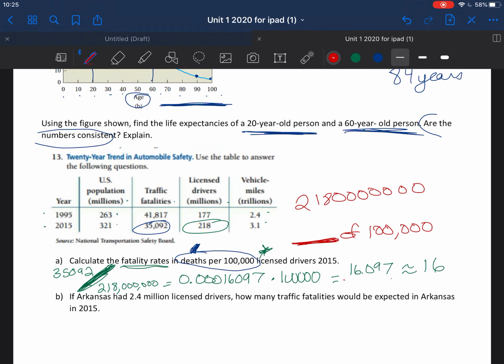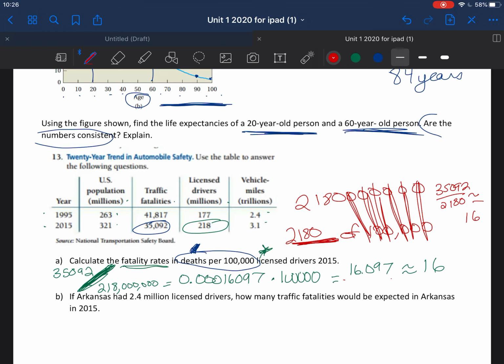So some of you are like, why are you confusing us? But some of you will appreciate this. So 1, 2, 3, and one more. So there's 2180 groups of 100,000 in 218 million. So I could do this as 35092 over 2180, and we're going to end up with the exact same thing.